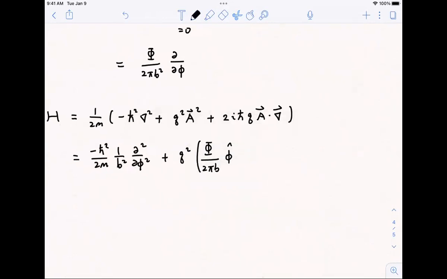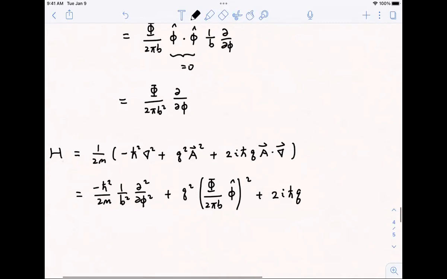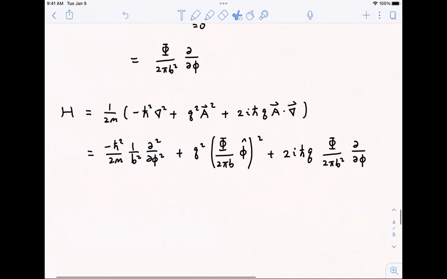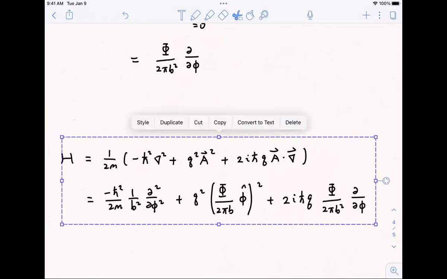Okay, of course you have A square plus 2iHQ. Then you put this in. Okay, so we can actually write out the whole equation.